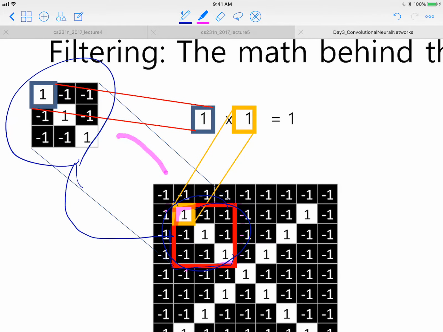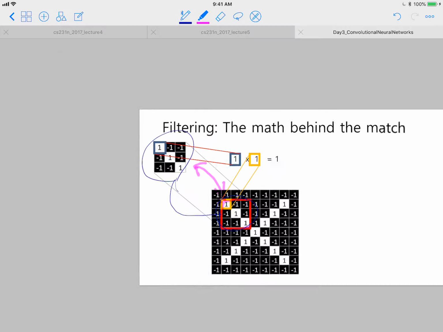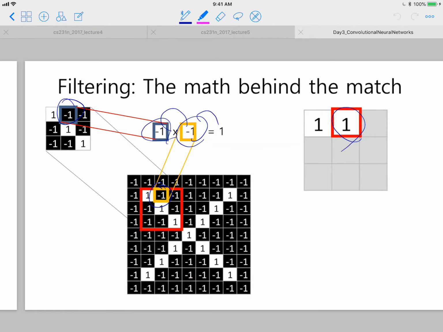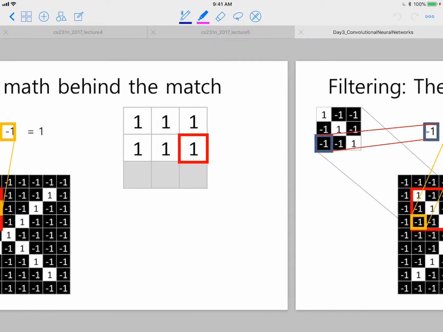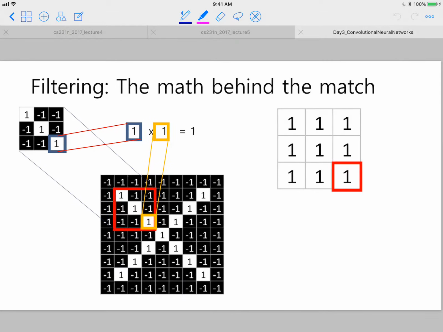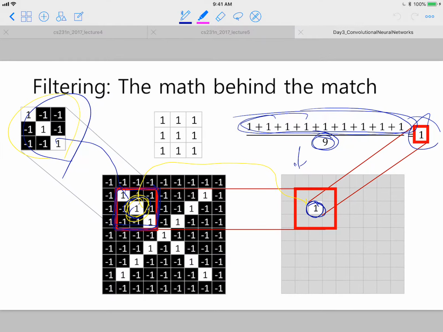So in this case, this region has exactly the same values as the filter pattern that we are looking for, and the inner product between this filter and that region will have really the maximum similarity value, right?